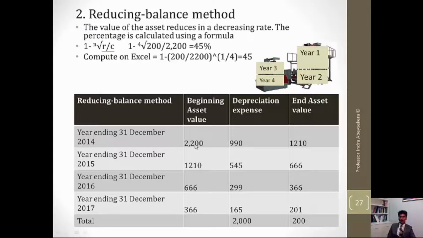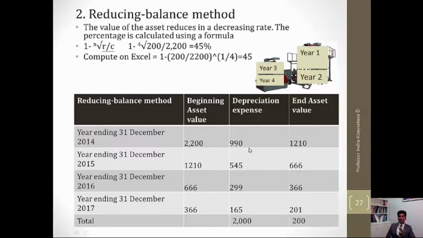So here's the beginning value of the asset. 45% gives us 990, and the end value is 2200 minus 990, 1210. Beginning of second year, that's the value that will be used for depreciation. 45% of that is 545, and after that decrease, the remaining value of the asset is 666.